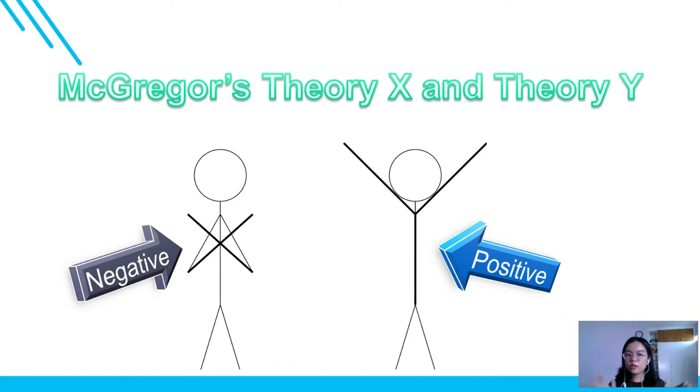So we move on to McGregor's theory X and theory Y. Very simply, theory X is a negative view of people that assumes workers have little ambition, dislike work, want to avoid responsibility, and need to be closely controlled to work effectively.